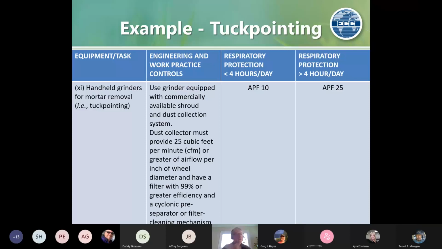And again, this is in addition to the engineering controls. You have to upgrade to a respirator with a protection factor of 25. So that would be like a powered air purifying respirator, one that has the blower, or an air supplied hood, something like that, or a full face respirator.